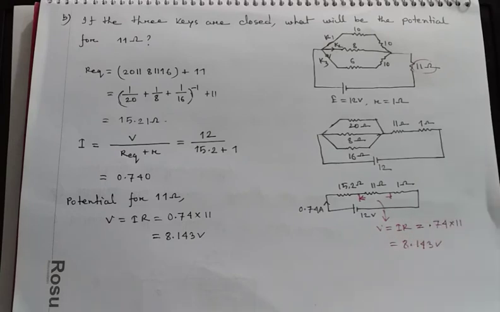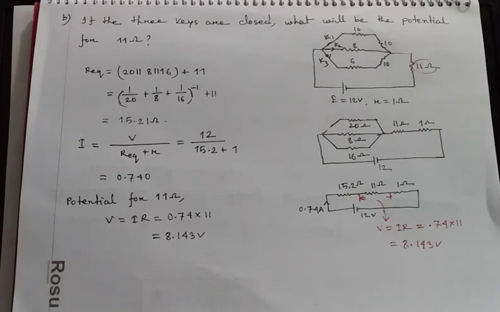So multiplying both we get the voltage over here, 8.143 volt. In this way we can make calculations for determining current and for determining potential.